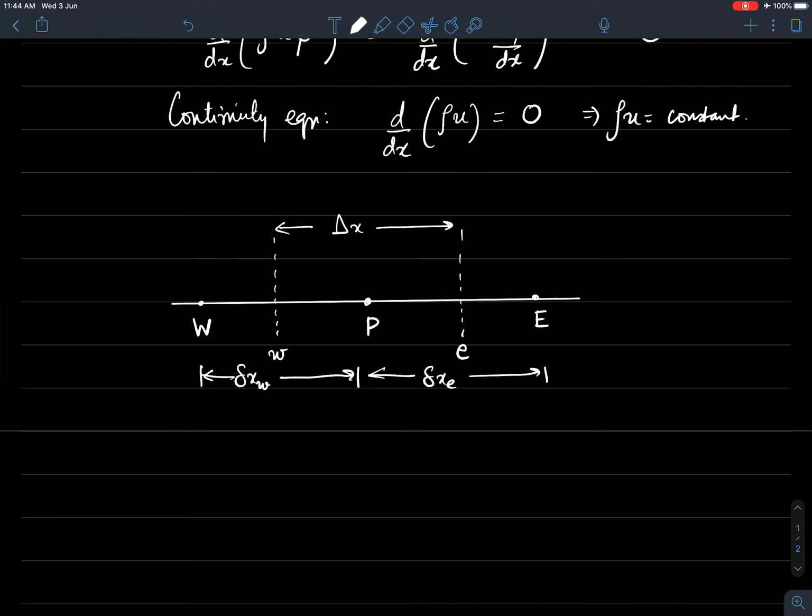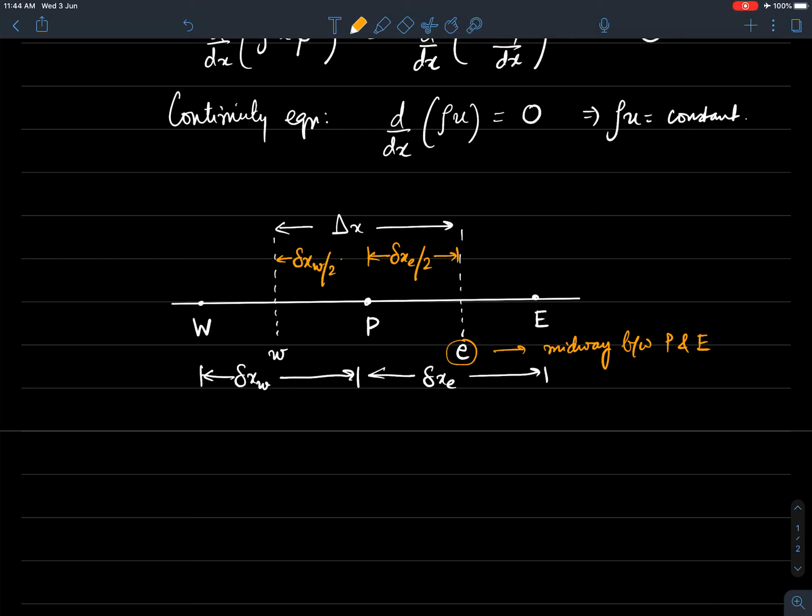Now for starters, let's just assume that the distance of the point P from the face e, let's say, is delta x e by 2, which essentially means that the face e is midway between P and E, and we can do the same thing on the west face side.